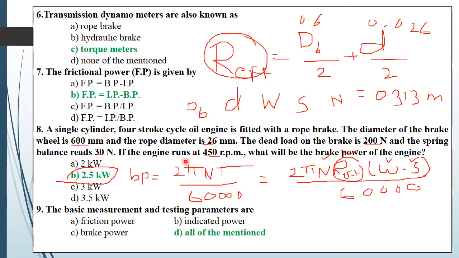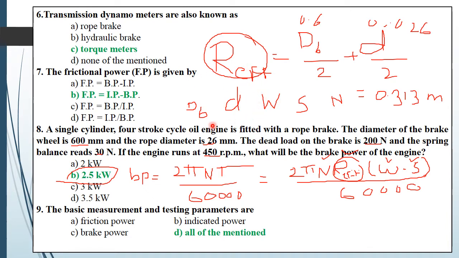If the engine runs at 450 rpm, what will be the brake power of the engine? Options are: 2 kilowatt, 2.5 kilowatt, 3 kilowatt, 3.5 kilowatt. The solution is shown briefly, and it is also provided in our Google Classroom in the soft copy notes.